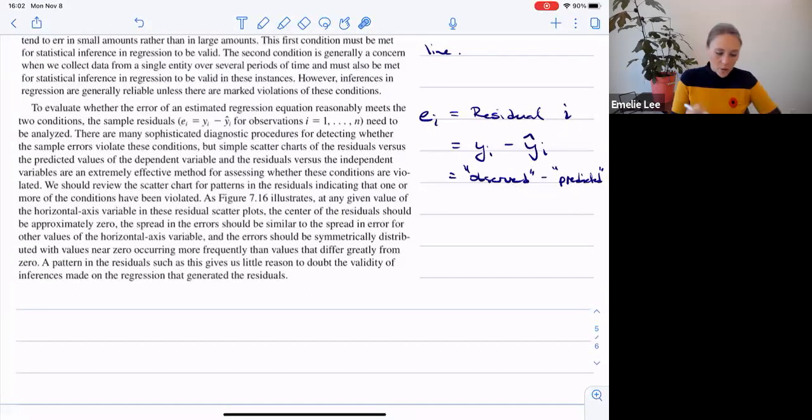There are lots of ways that we could run diagnostics on this, but usually simple scatter charts of the residuals versus the predicted values of the dependent variable, and the residuals versus the independent variables, are enough for us to get a good understanding.